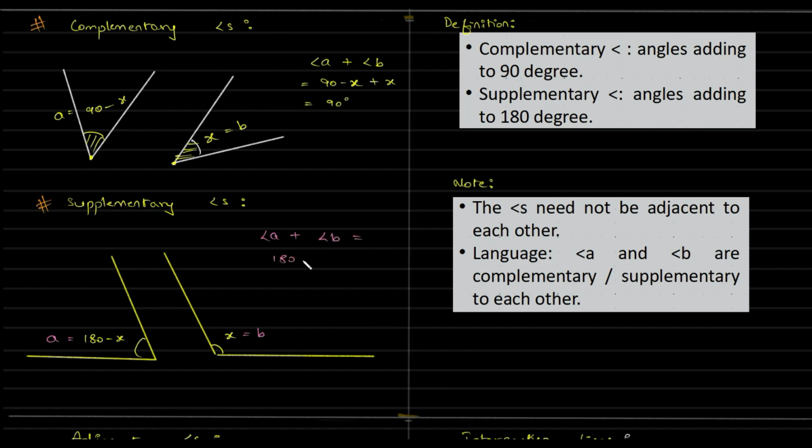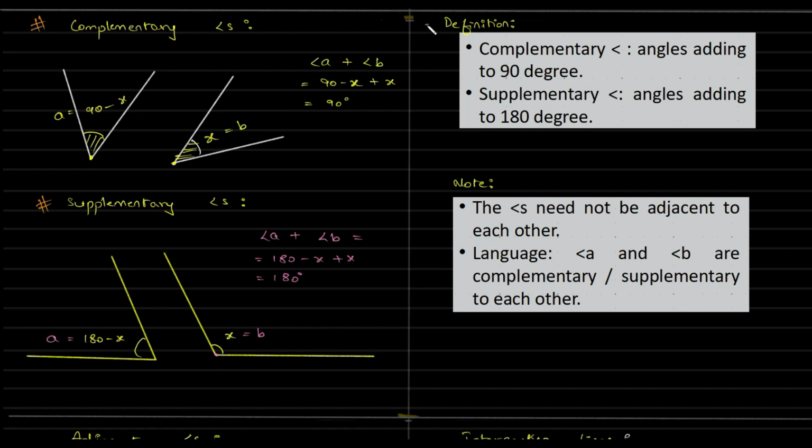Well, 180 minus x plus x, which is equal to 180 degree. So this is supplementary. Two angles, when they add up to 180 degree, are supplementary to each other. They supplement, they supply what? They supply the other part of the angle, thus making it 180 degree.